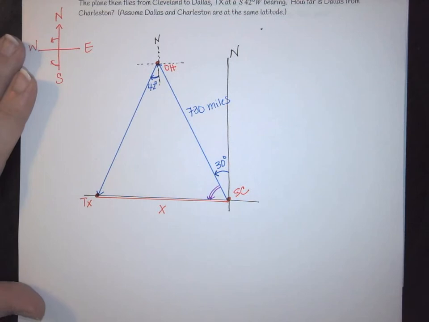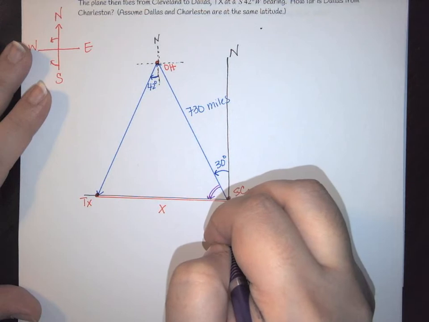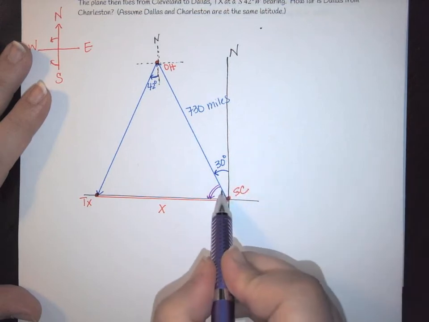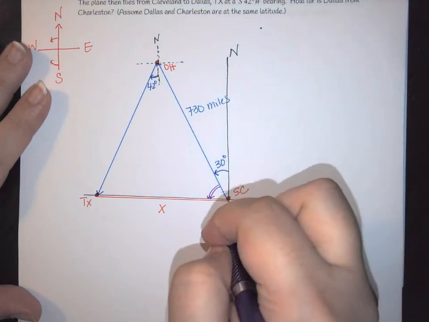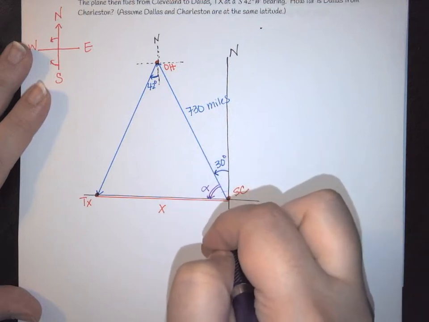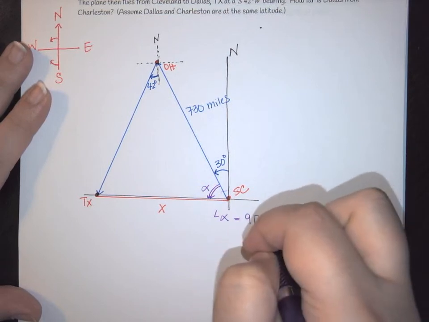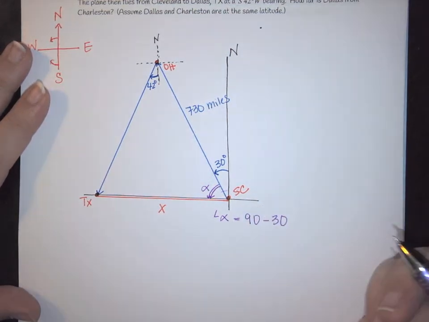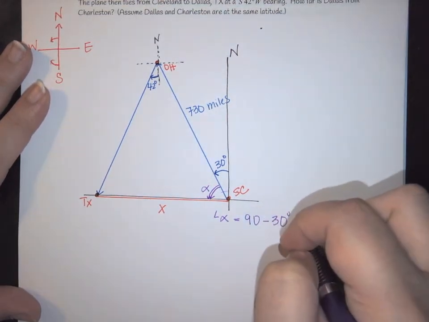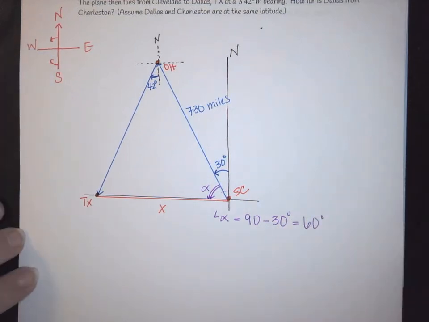Well, to do that, I take the fact that this is a right angle. Let's call this alpha. In order to find angle alpha, I take my 90 degrees, subtract the 30 degrees that I know of, and that leaves me with 60 degrees for angle alpha.